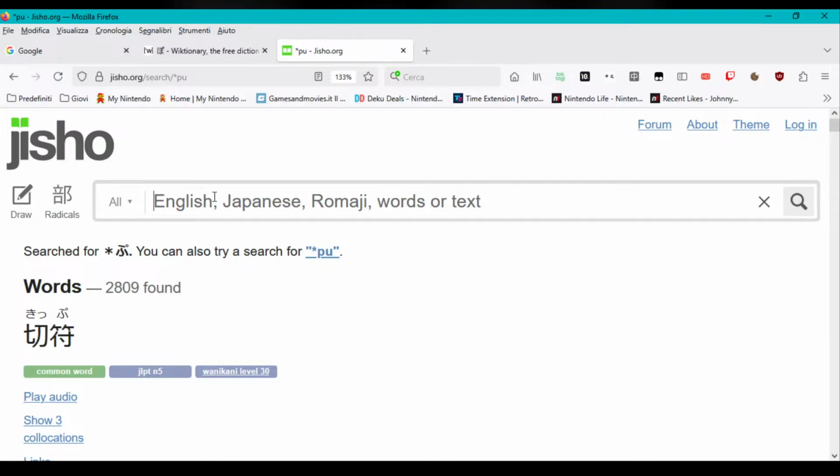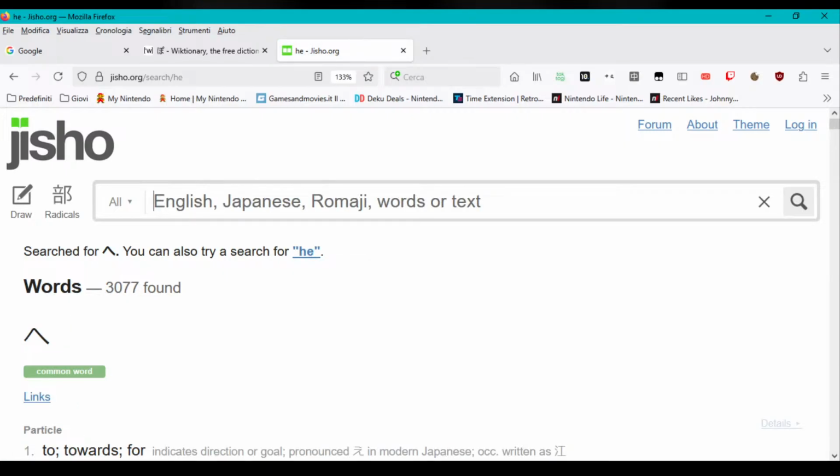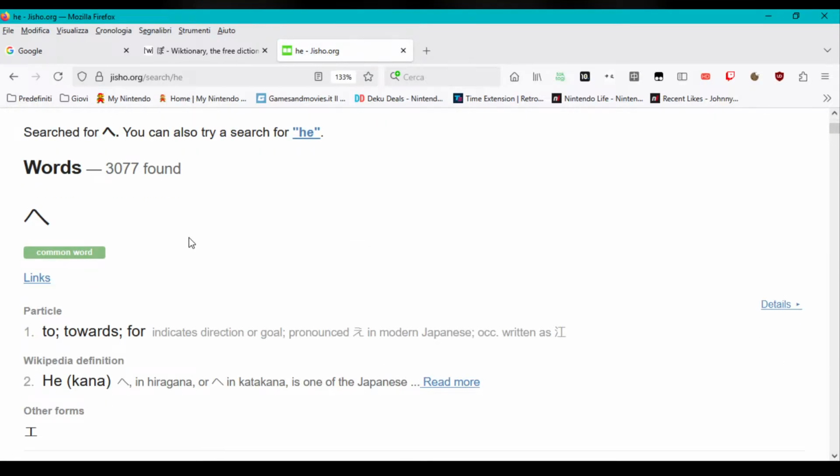Okay. We can see some words. First and foremost, this particle, just like in the case of wa, which we have seen, this one is written he, but it is actually pronounced e without the h.